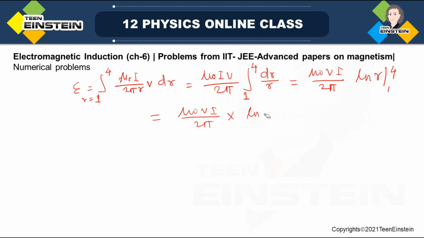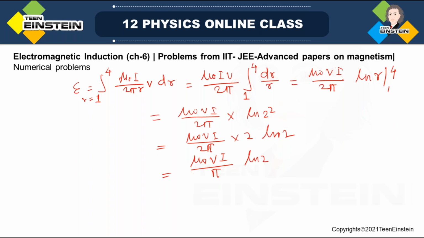This 4 can even be written as 2 squared, because the value of ln 2 is given for calculation. So this 2 can be written here. So 2 pi, and this is ln 2. So mu 0 v I by pi ln 2.